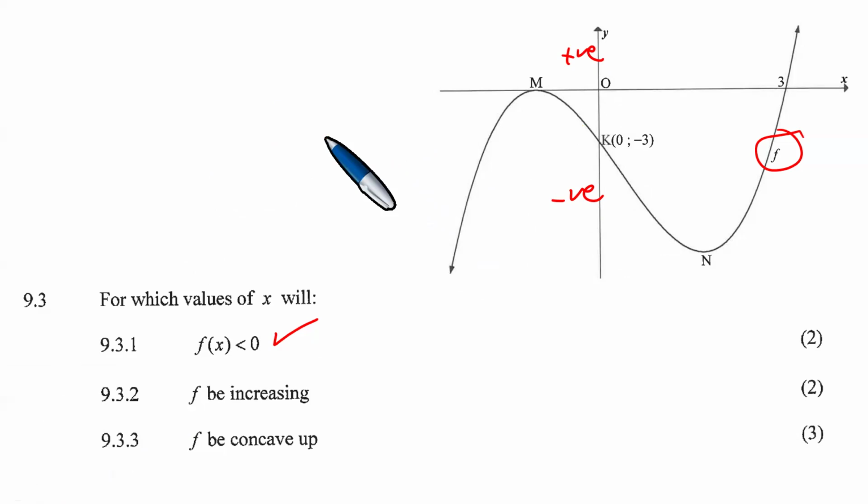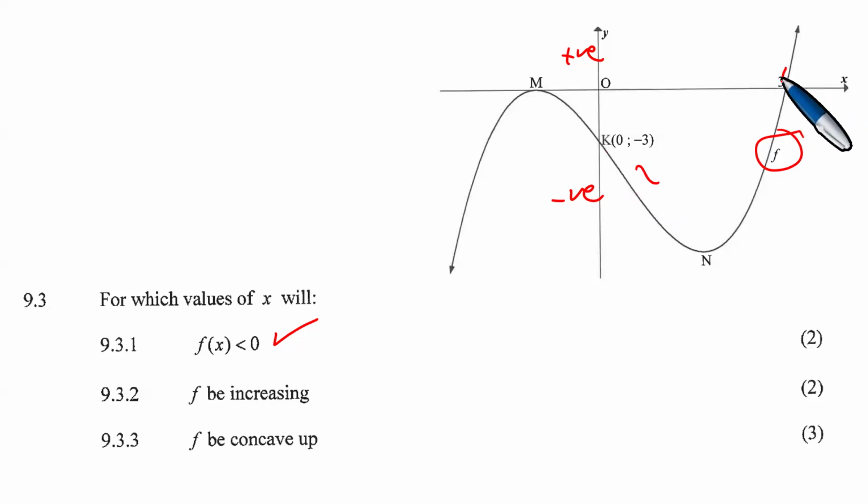So if f is below the x-axis, then the function is negative there. Let's analyze for what values of x this will be.